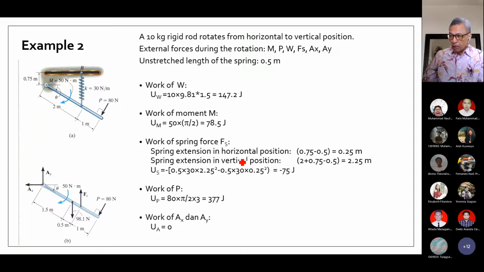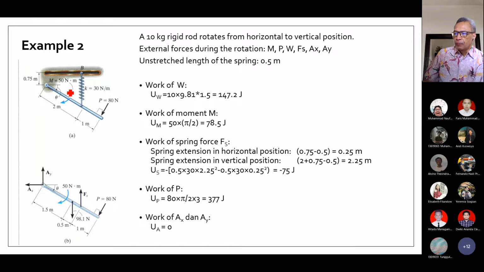And then the work done by the spring force, Fs. First, this is the additional information about the spring. The unstretched length of the spring is half a meter. And we see that at the horizontal position, the length of the spring is 0.75 meters, so it is already stretched by 0.25 meter.